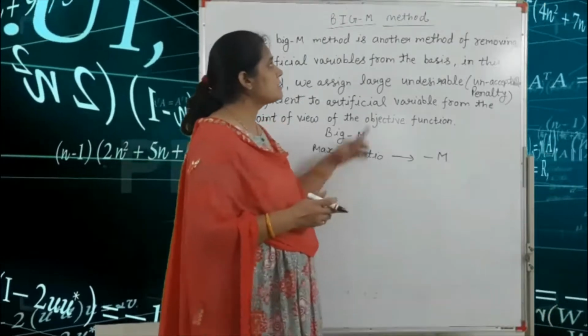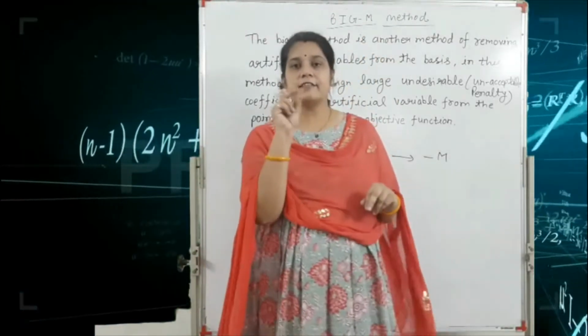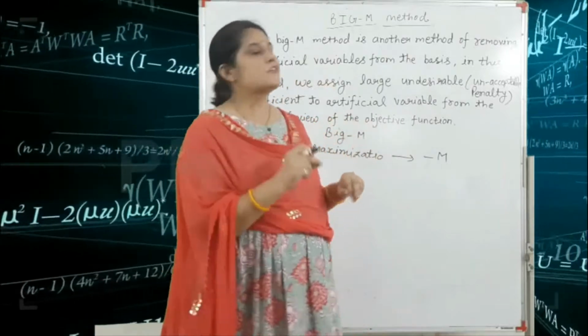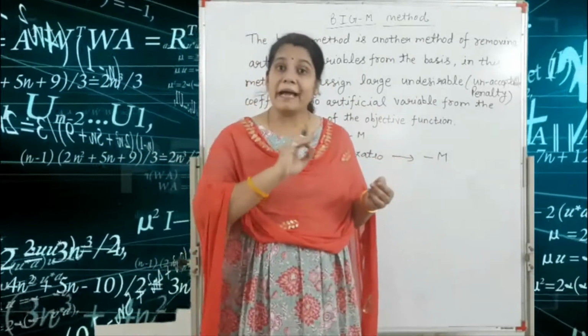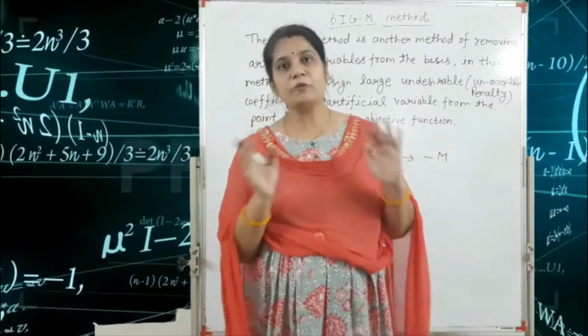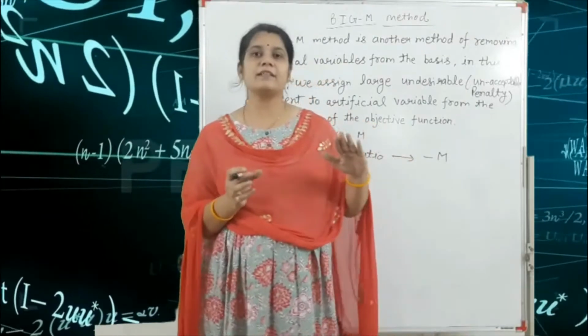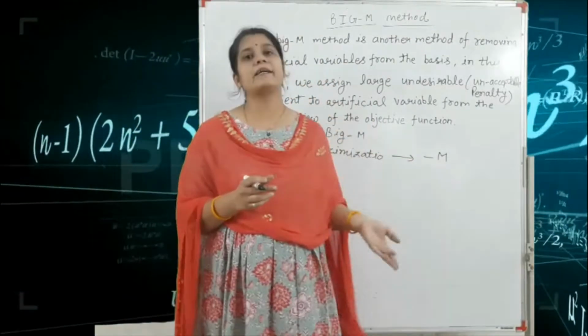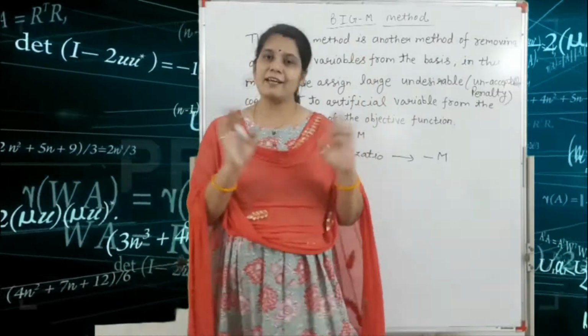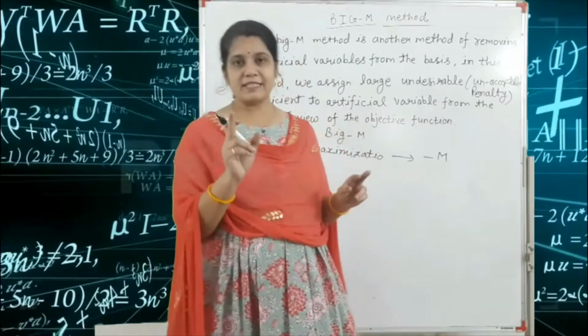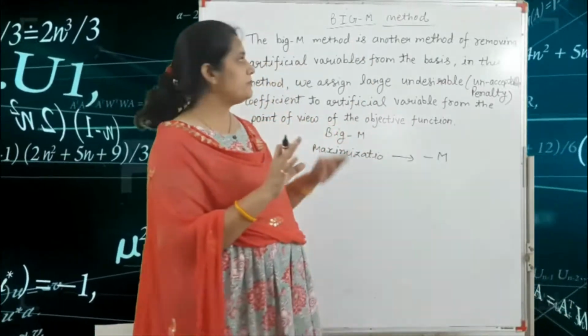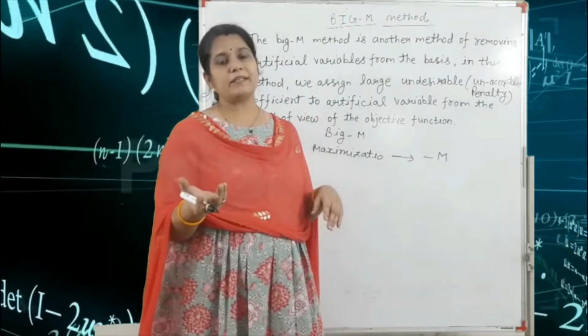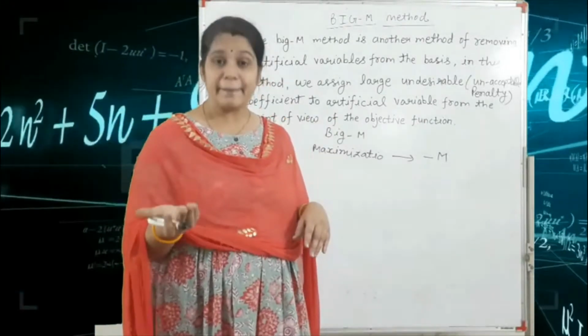Sometimes in a question paper it says solve by the Big M method or penalty cost method, so don't be confused. Penalty cost method, penalty method or Big M method, all these three are only one unique method.